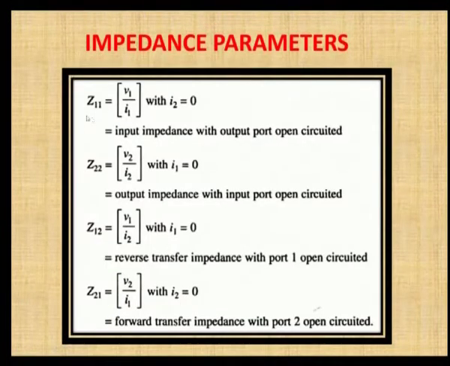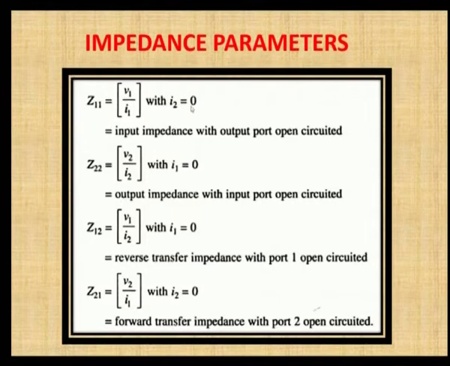So, from those equations, the parameter Z11 is calculated as V1 by I1 with I2 equal to 0. So, if I2 is 0 means the output port must be open circuited. So, it is the input impedance with output port open circuited, and similarly Z22, from that equation Z22 is written as V2 by I2 with I1 equal to 0.